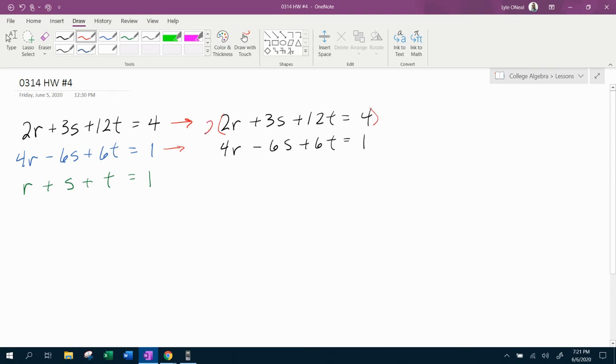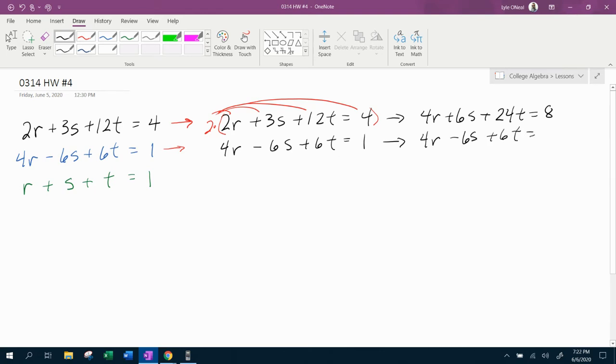So I'm going to multiply the first equation by 2 all the way across, and then that's going to give me 4r plus 6s, 2 times 12, that's 24t, and 2 times 4 is 8. Second equation, copy and paste, 4r minus 6s plus 6t equals 1.